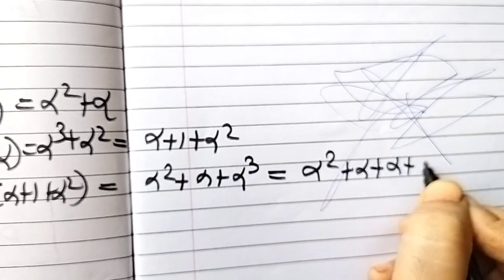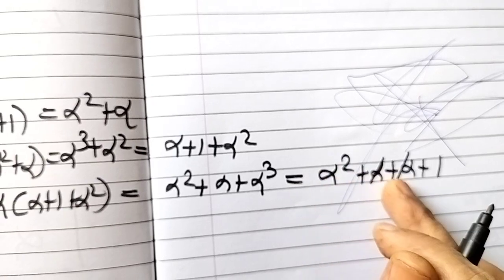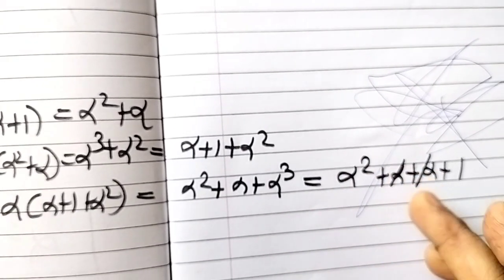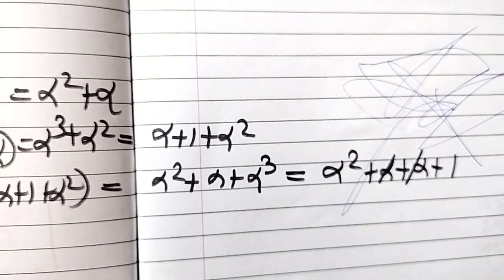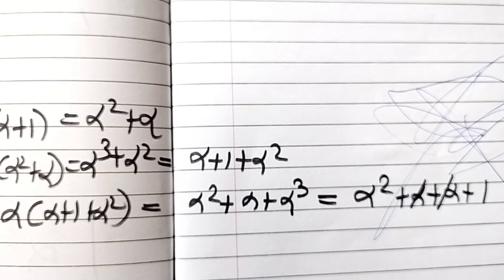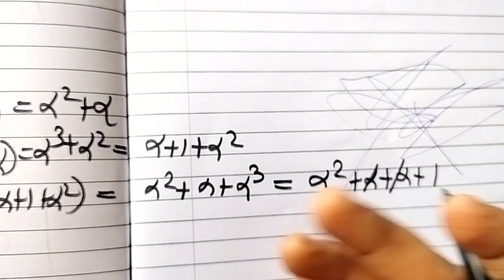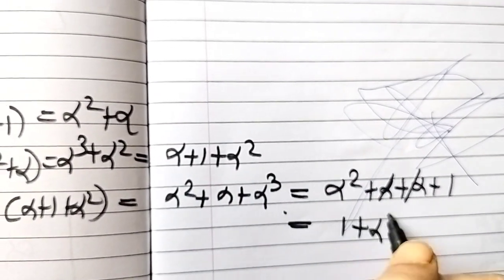Alpha cube is alpha plus 1. So alpha plus alpha, that means XOR. This plus is nothing but the XOR operation. We are doing it over Galois field 2, where the coefficients are over Galois field 2, and over Galois field 2, 1 plus 1 is equal to 0. So the answer is 1 plus alpha square.